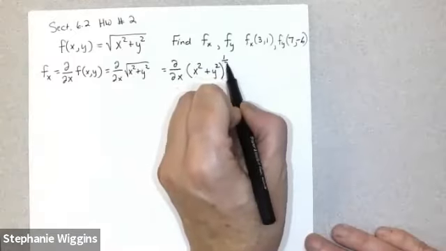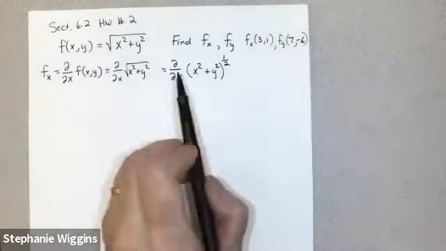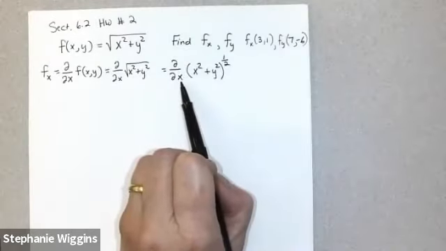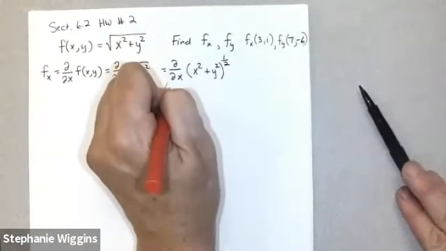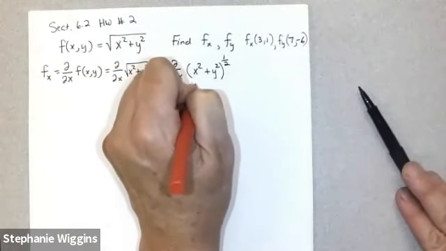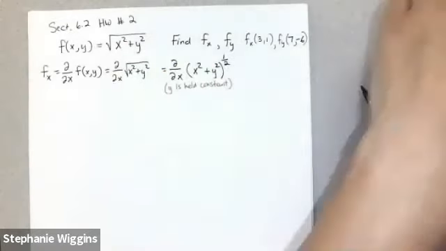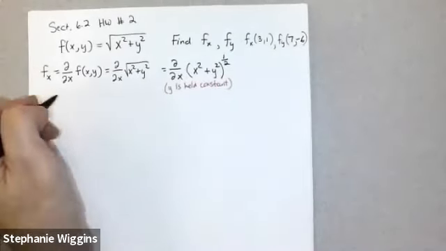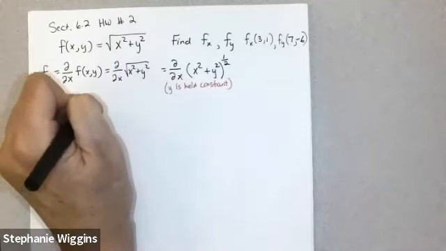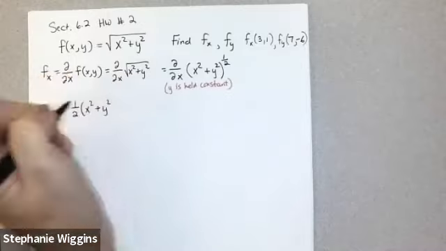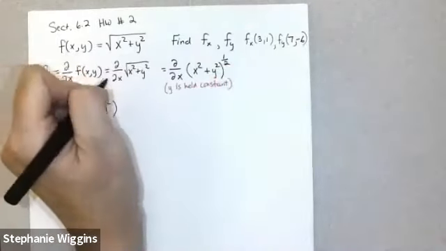And so we're raising that to the 1/2 power. Now, since we're differentiating with respect to x, just remind yourself that y is held constant. And so we have 1/2 times x squared plus y squared. I'm just using the power rule. Now I subtract 1 from the exponent, so 1/2 minus 1.